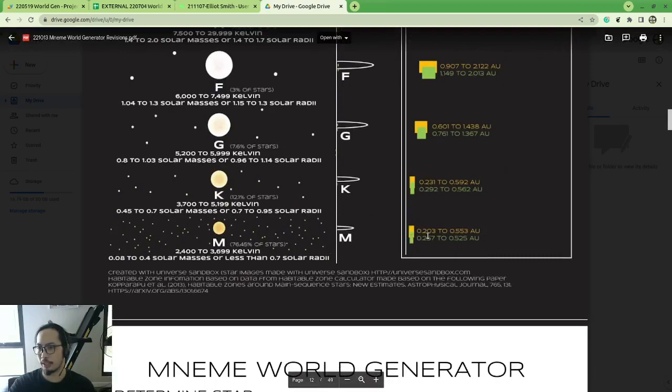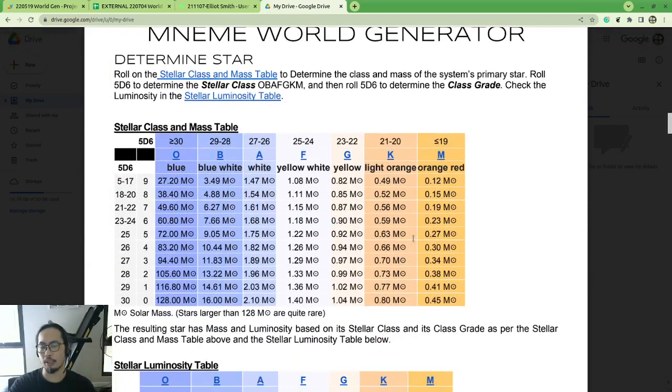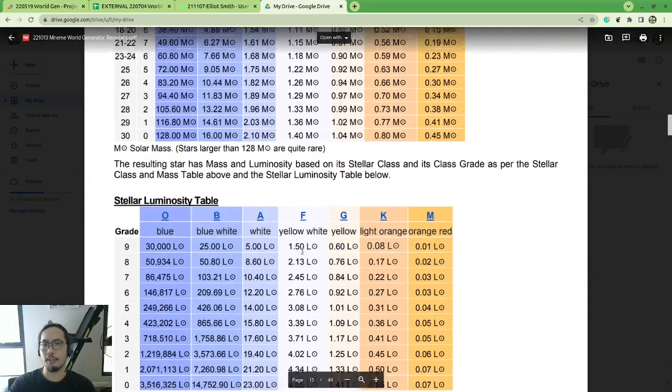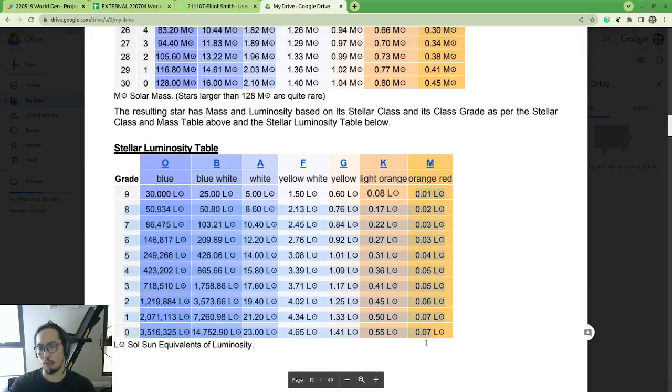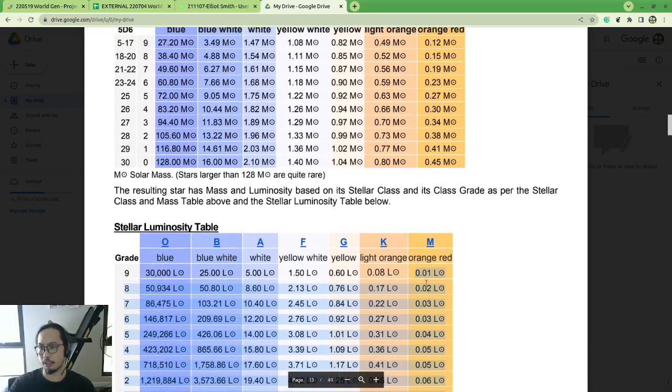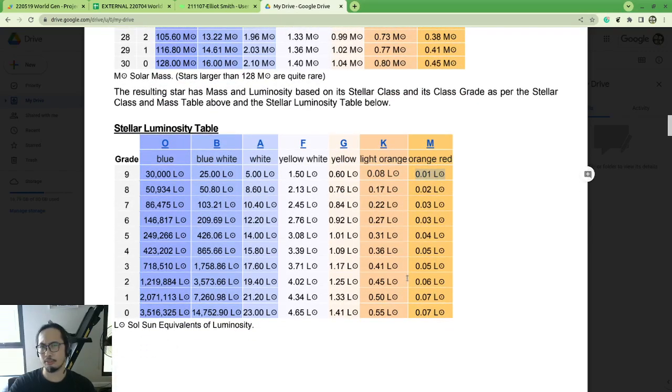Here you'll notice the bands are much lower, and you can see the stellar mass and the luminosity getting lower. And of course there are stars with much lower luminosity than this. Surprisingly, the nearby star HC111 is like 0.0017, so it's really low.